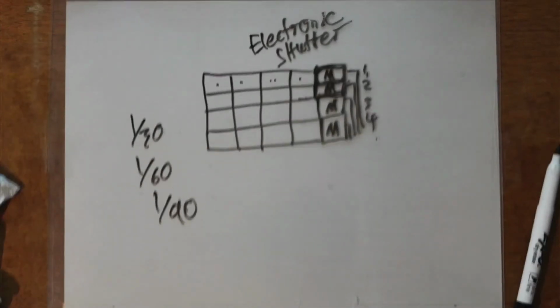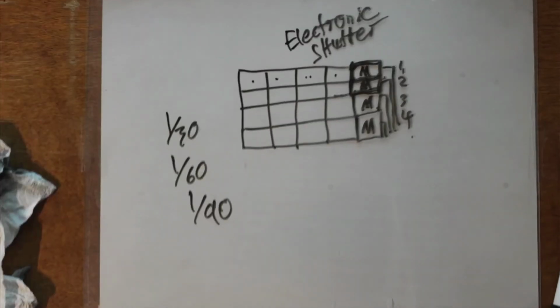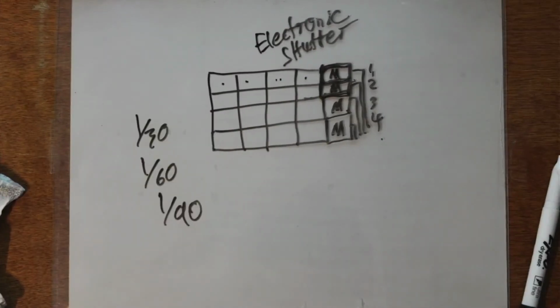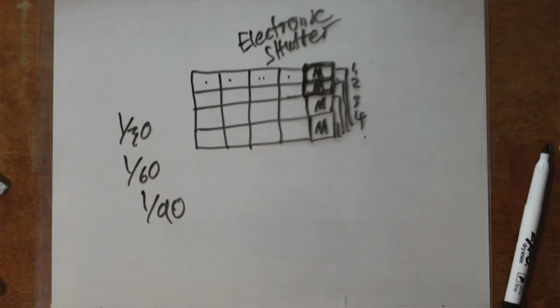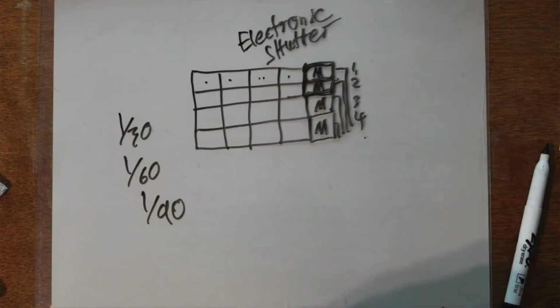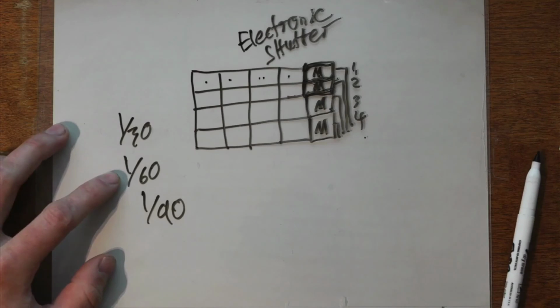Actually, if I wobble this, you can actually see it wobble. There's a jello-y sort of wobbliness, and that jello-iness is it reading top and bottom kind of differently. And on this camera, I believe it's 1/50th or 1/60th of a second.